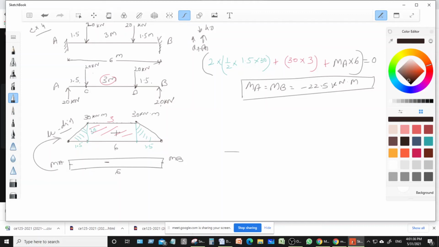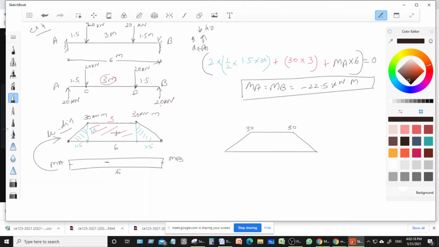So first of all, let me just plot this Mu diagram. Okay, this is 30 and this is again 30.